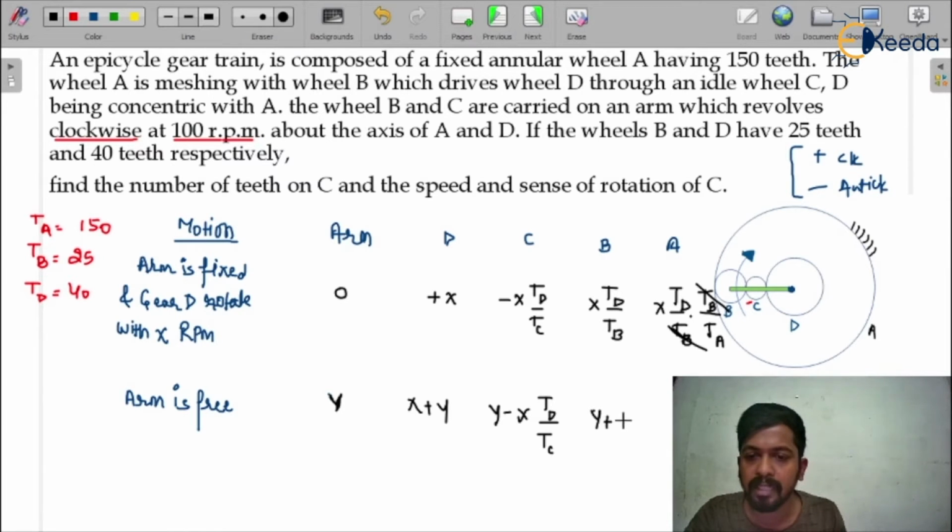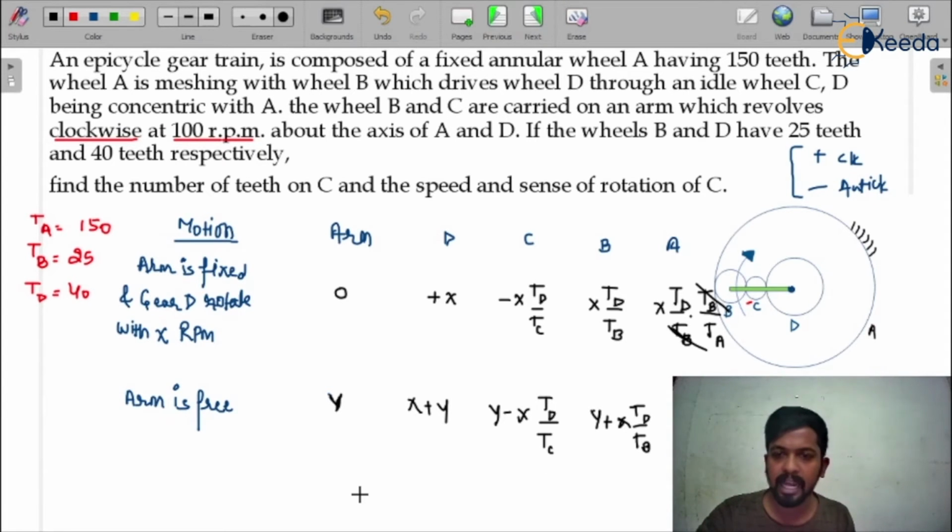So y plus x TD upon TB, and from here you can get y plus x TD upon TA. These are the speeds of the gears A, B, C, D.